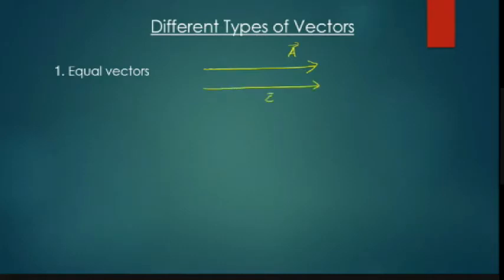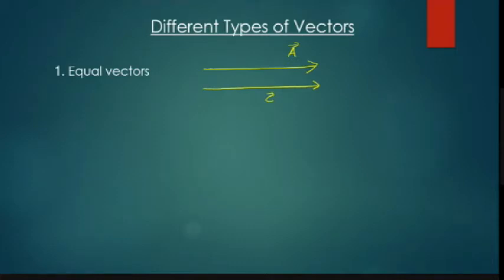In this case, I can say that vector A is equal to vector B. So two vectors are said to be equal vectors if they have the same magnitude and direction.